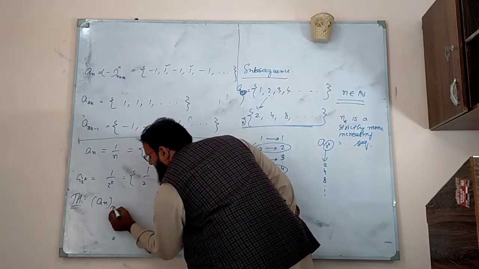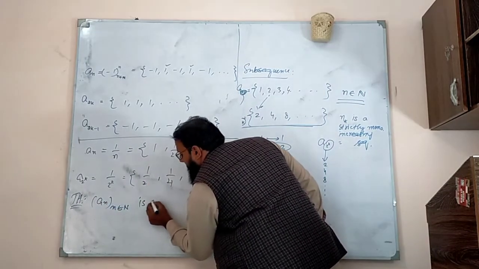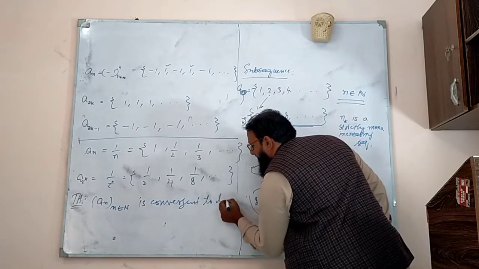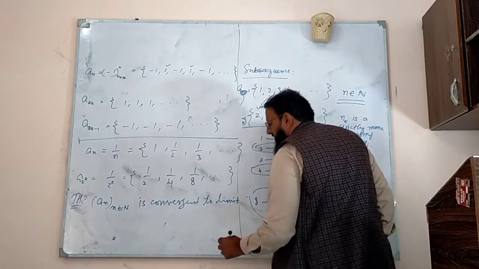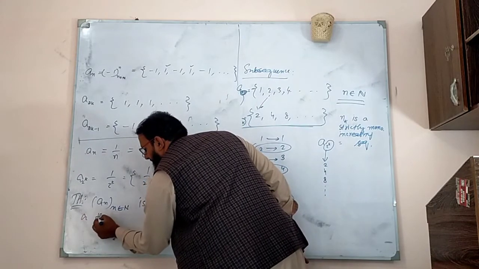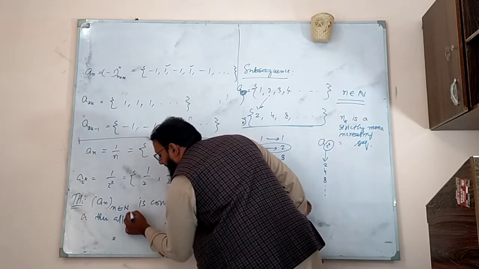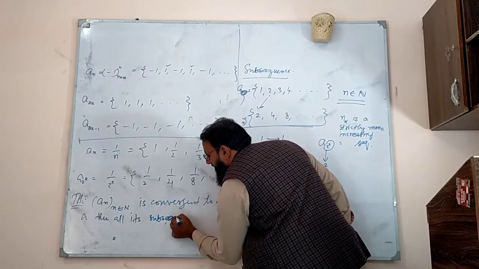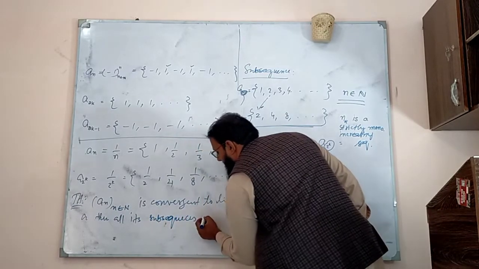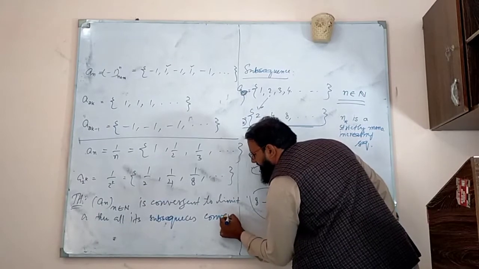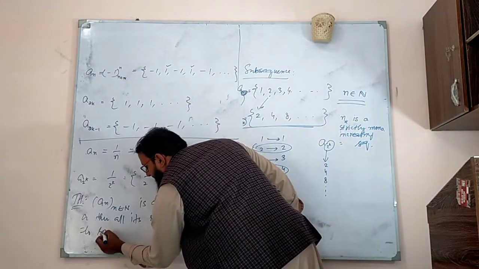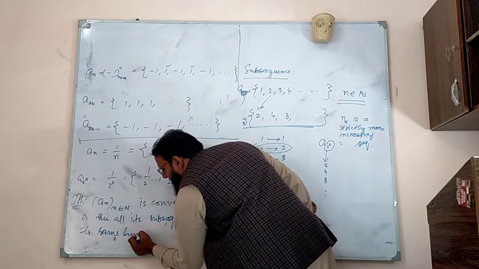If a_n is convergent to limit a, then all its subsequences converge to the same limit.